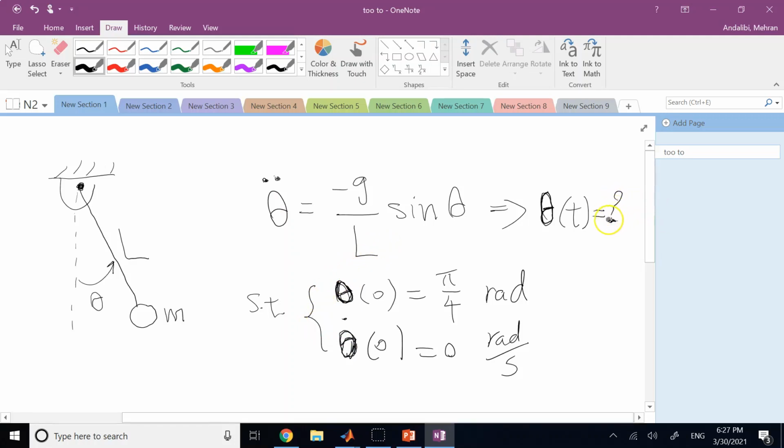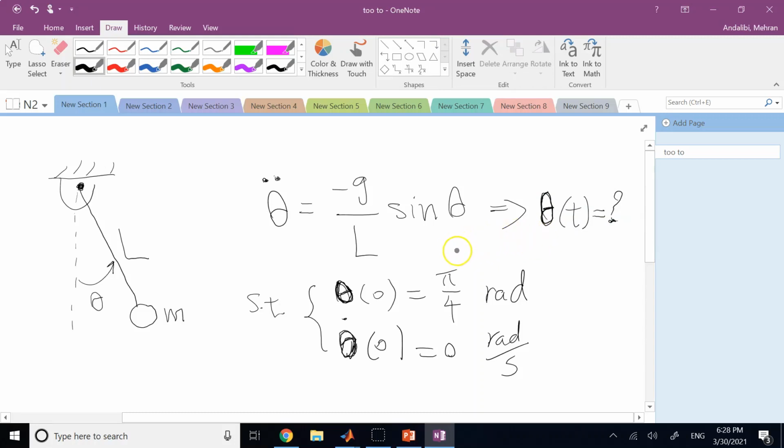There is no finite term solution here. The only solution is an infinite series, which of course you have to truncate at some point. You cannot keep going with this series forever, and so you're going to have some approximation, not an exact solution. That's one way, or you can do it numerically, which again is not going to be perfect.